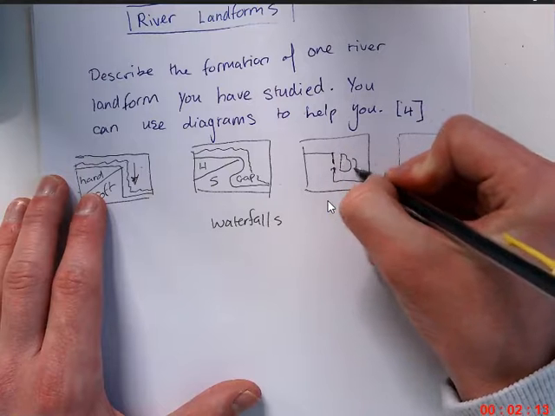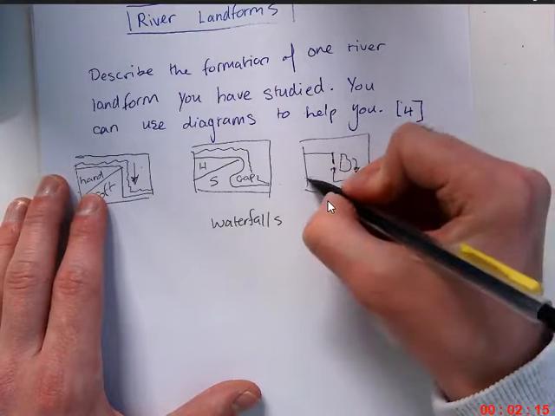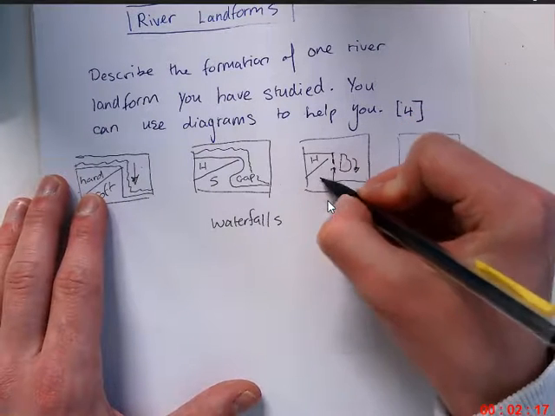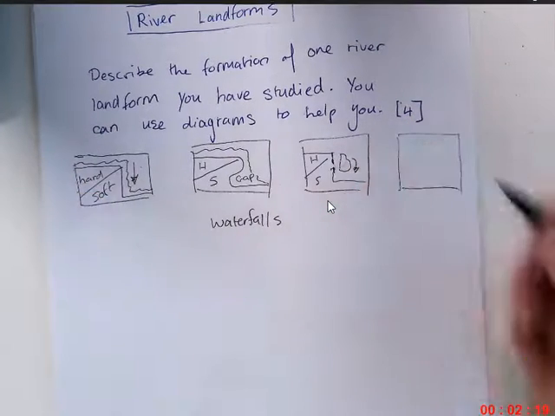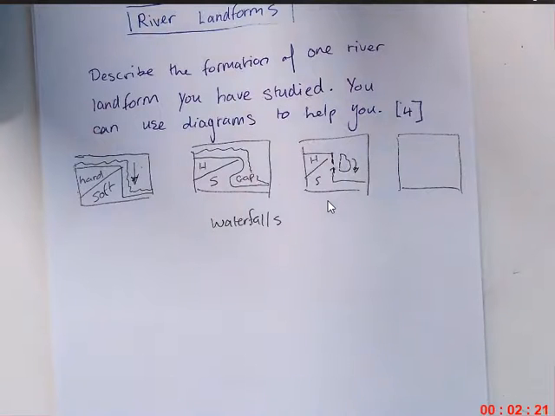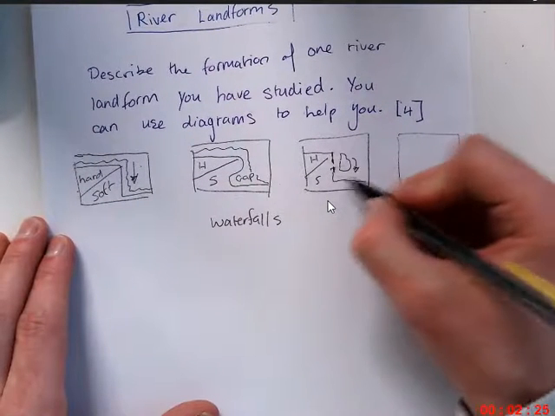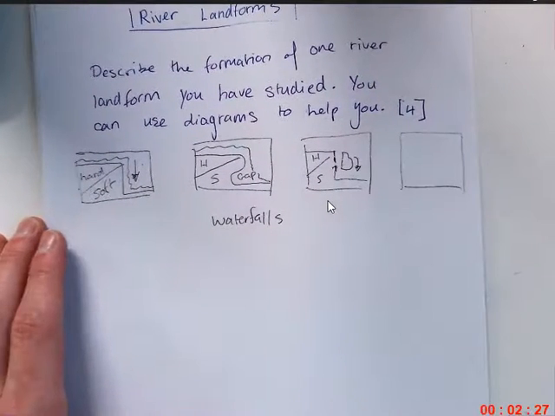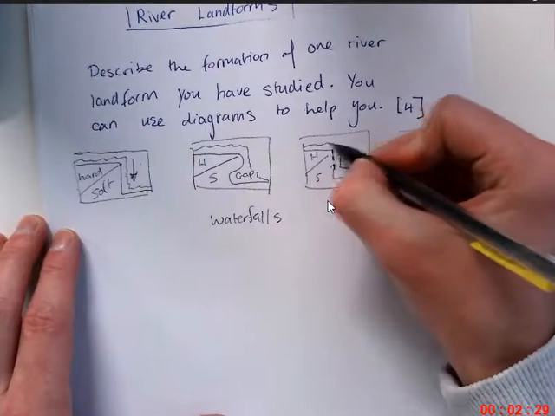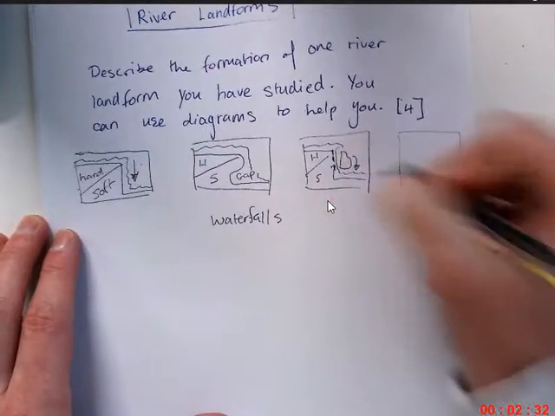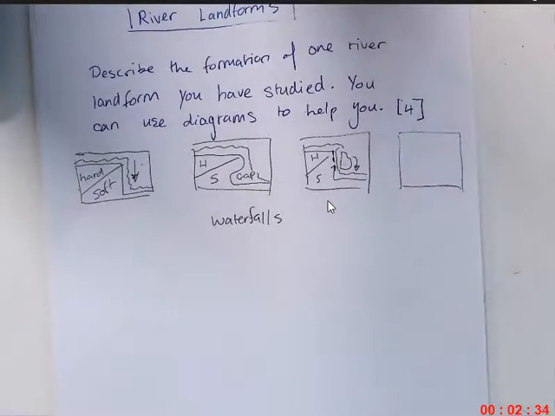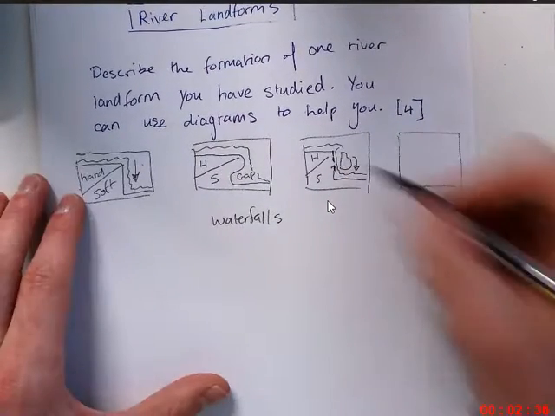It's moving down, it's collapsing, and again we have our hard rock here and our soft rock here. We can clearly say that this part of the overhang is now collapsing because of the undercutting process happening underneath it, cutting of the rock underneath it from that falling water. It's collapsed because of that. It's collapsed because it is soft rock.